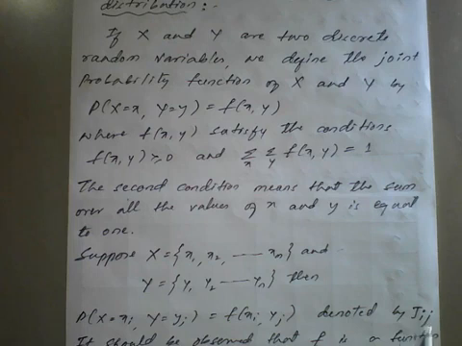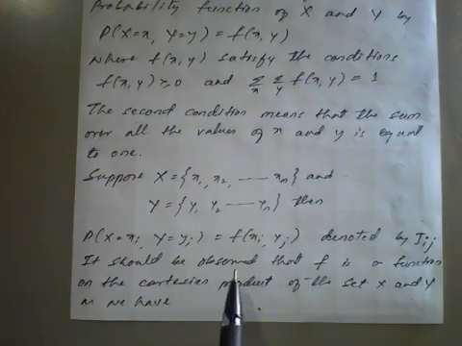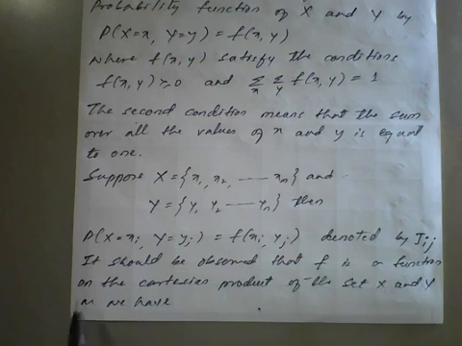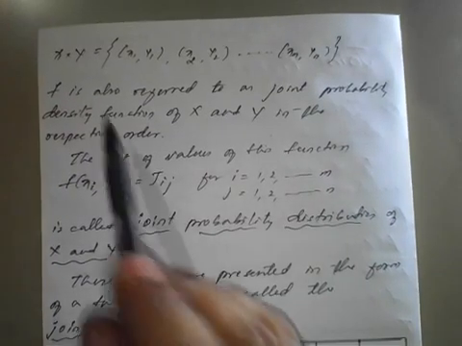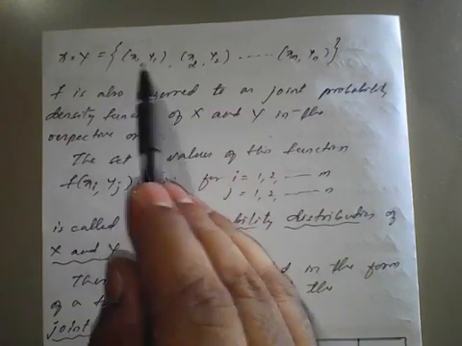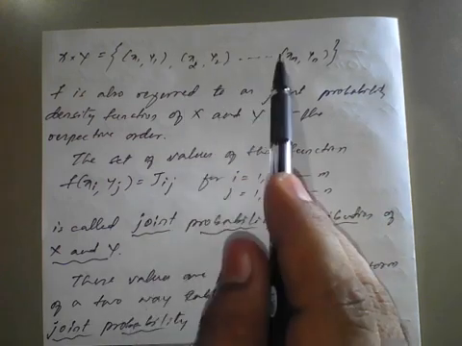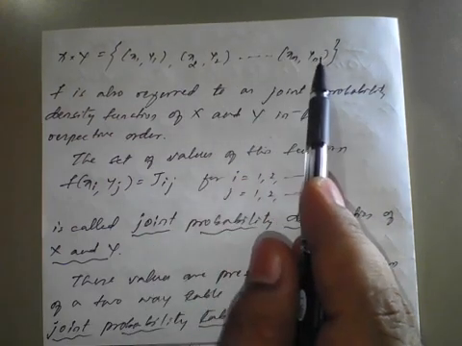It should be observed that f is a function on the Cartesian product of set x and set y, as we have x cross y, which is the set of pairs (x1, y1), (x2, y2), and so on up to (xm, yn).